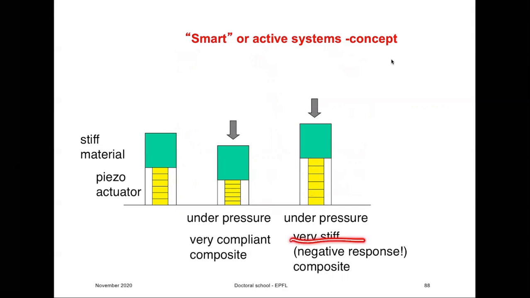So you would get very stiff or very compliant material by using two materials that are both very stiff. Piezoelectric ceramics are stiff, and this piece of steel is stiff, but by moving through the active control piezoelectric actuator, you can mimic very compliant or very stiff structure. And this has been tested to make stealth submarines.